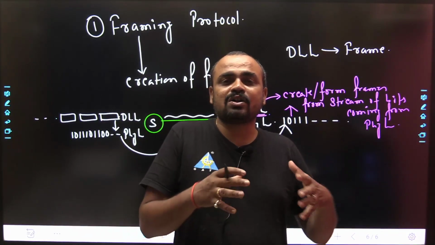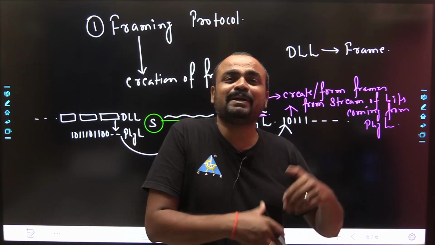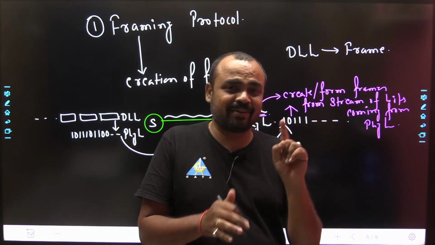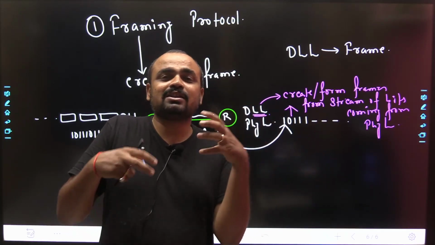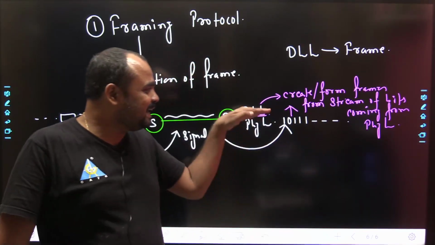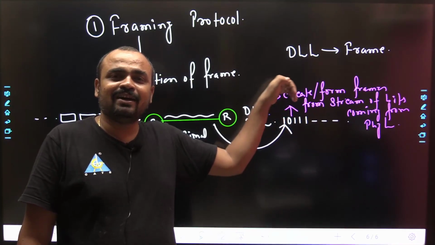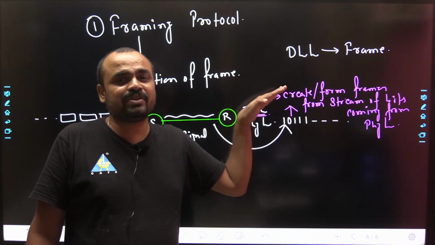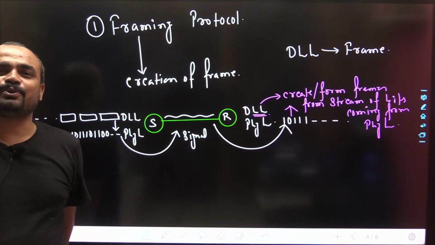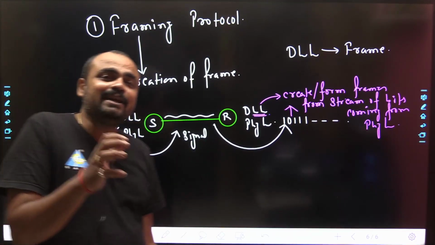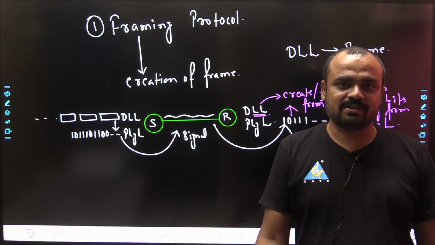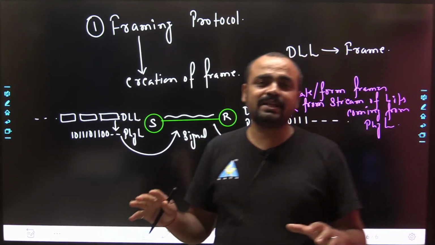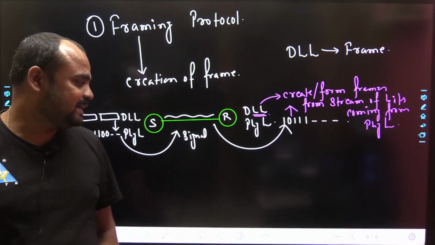And when is the concept of bit stuffing required, because I have written the topic name framing and bit stuffing. So what is the logic involved while creating a frame at the receiving end? Okay. And what is the need of the bit stuffing concept? That again we will discuss. So this is the first thing that we are going to discuss inside the data link layer.